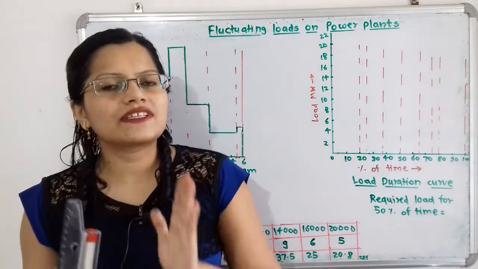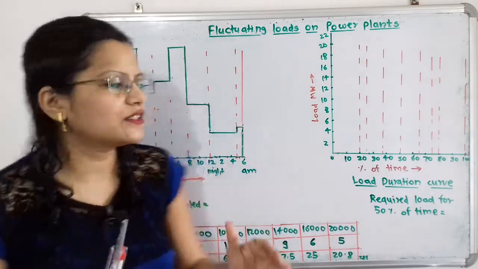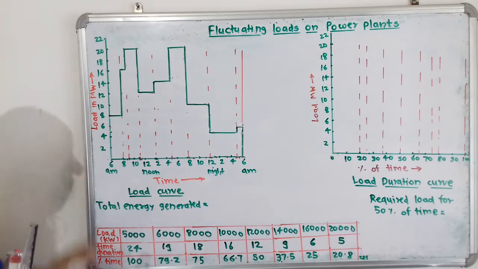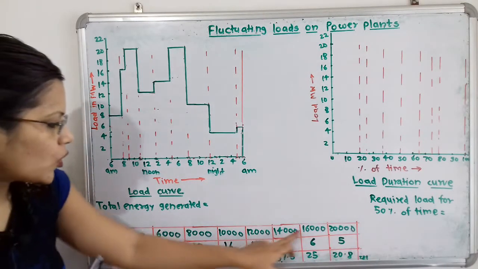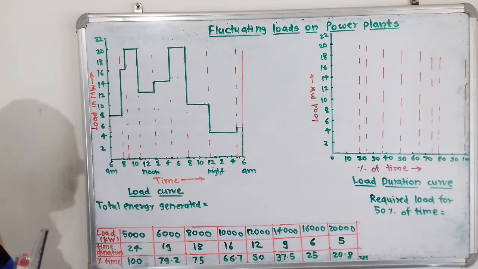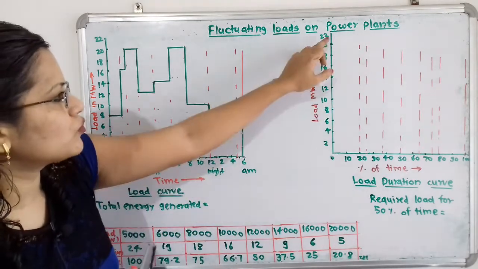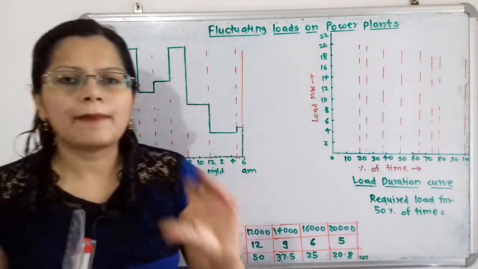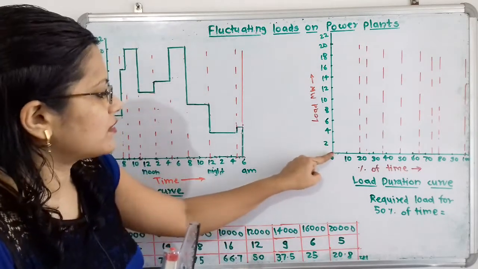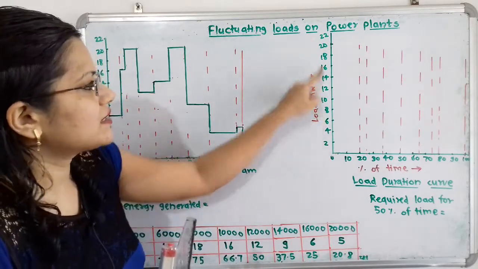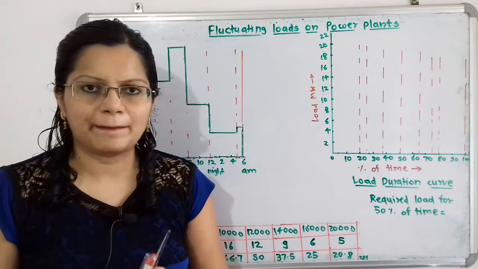So we have to plot the same load that we have plotted in this load curve, that is the maximum load here, that is 20 megawatt. So for this 20 megawatt, from 0 to 20 we have to make equal parts and we will plot here the load, that is 0 to 4, 6 and so on up to 20.